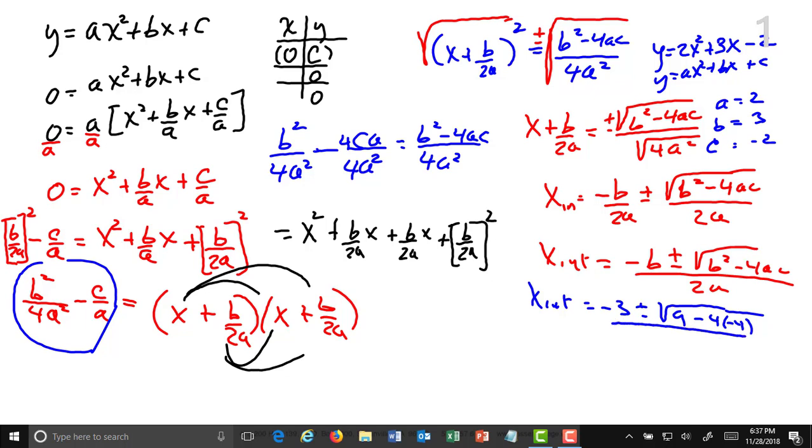All over 2a, and a is equal to 2, correct? So my x-intercepts are going to be equal to minus 3 plus and minus the square root of, well, guess what this is? This is 16, so that's 25, isn't it? And that's all over 4.